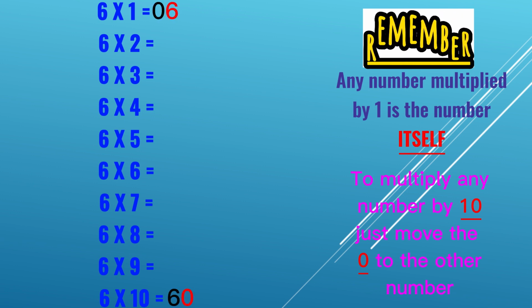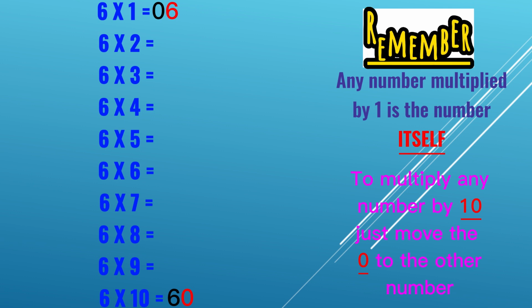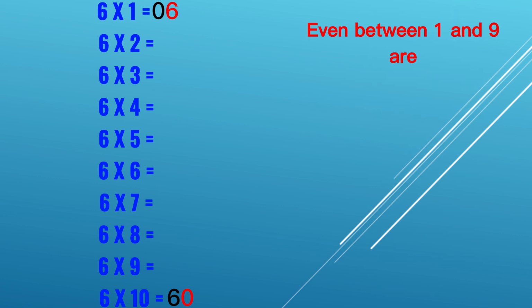We are first of all going to tackle the even numbers between 1 and 9. The even numbers between 1 and 9 are 2, 4, 6, and 8. We will write all these even numbers as the ones digit for these numbers. After we are done writing the ones digit for 6 times 2, 6 times 4, 6 times 6, and 6 times 8, let's add their tens digits.